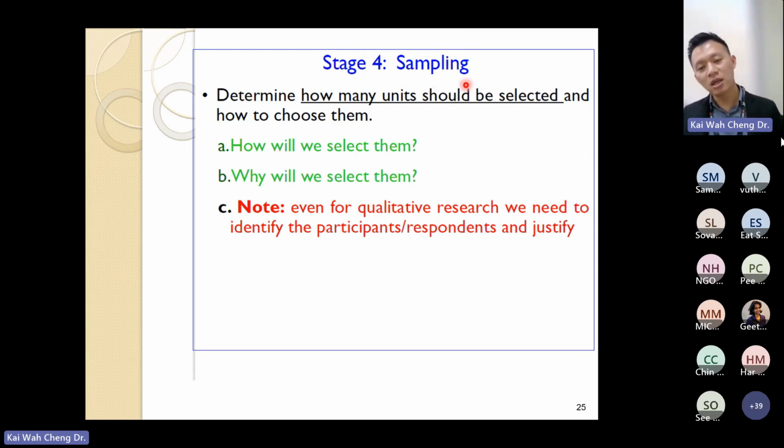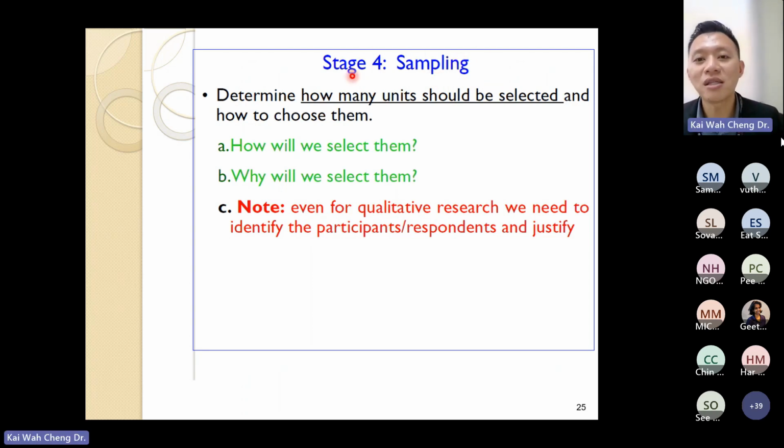Sampling is very important because it is impossible for us to interview or to conduct the data collection with all the people in a city or in a country. So this is the reason why we need to conduct a sampling process.